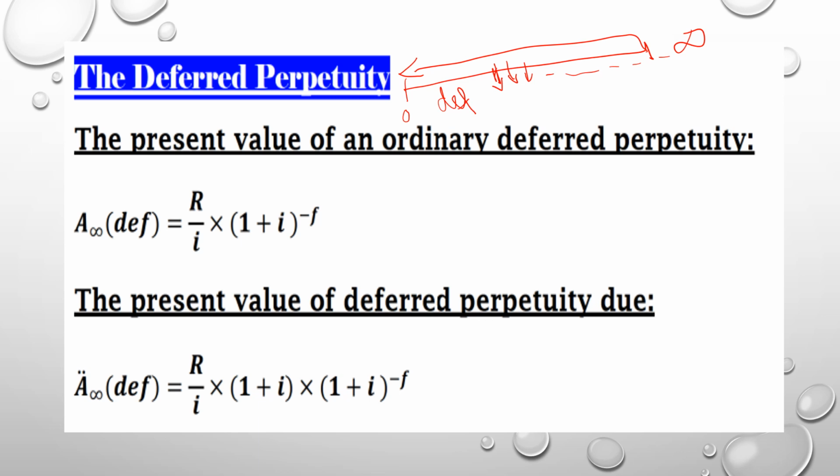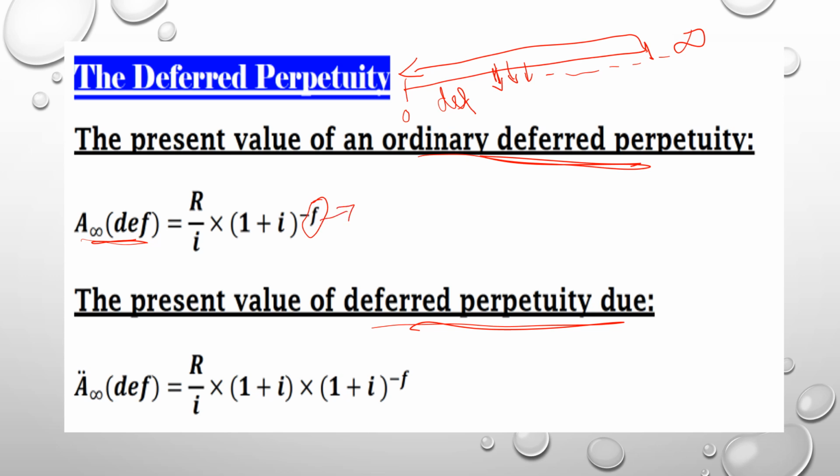So we have two types of the deferred perpetuity: ordinary deferred perpetuity and deferred perpetuity due. The present value of an ordinary deferred perpetuity equals A infinity deferred equals R over I times 1 plus I power minus F, and F is the number of deferment periods.